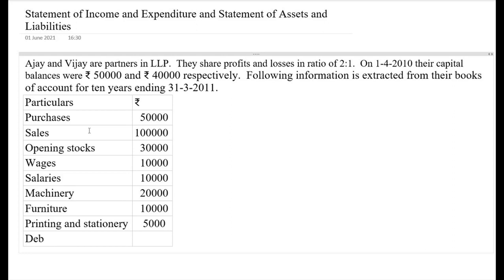Then debtors rupees 80,000. Creditors rupees 60,000. Cash rupees 20,000.